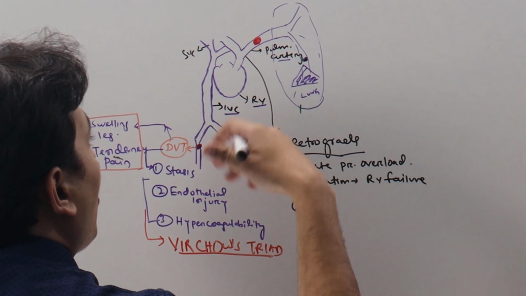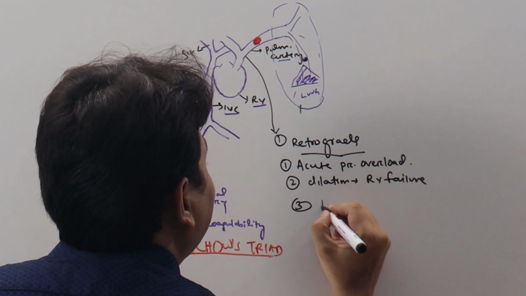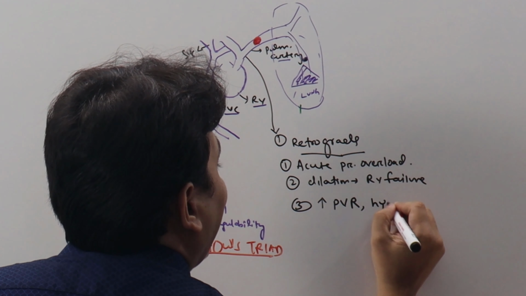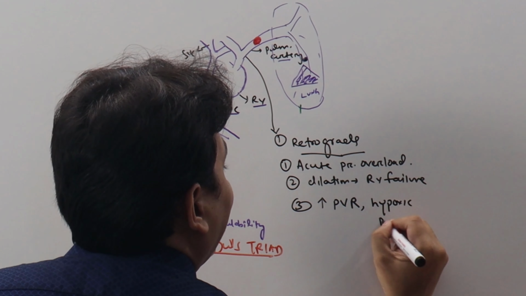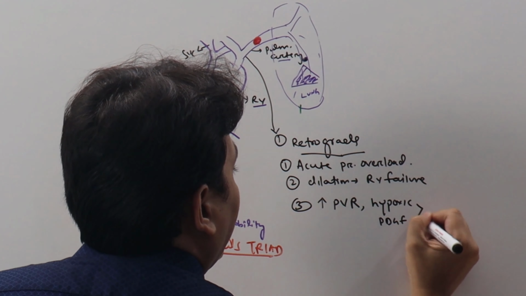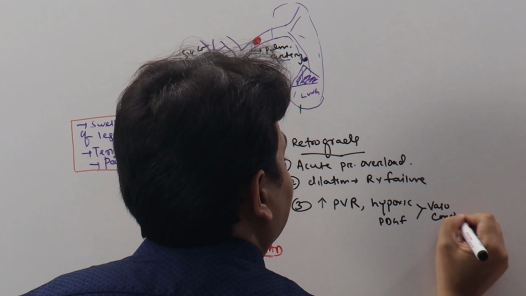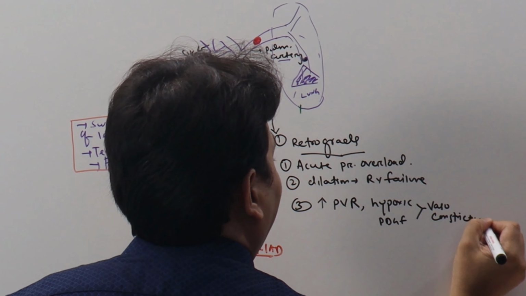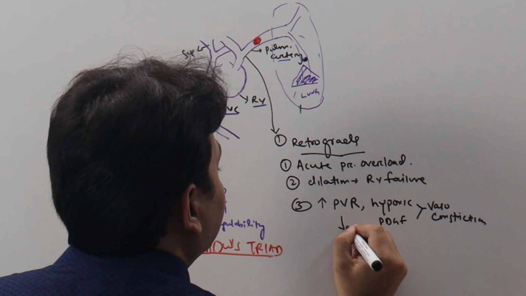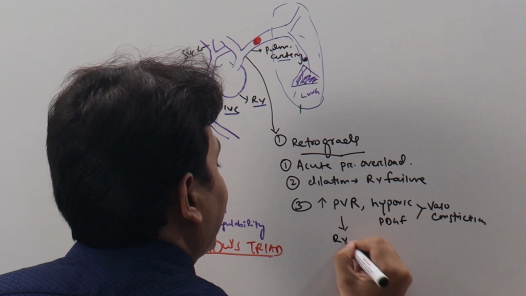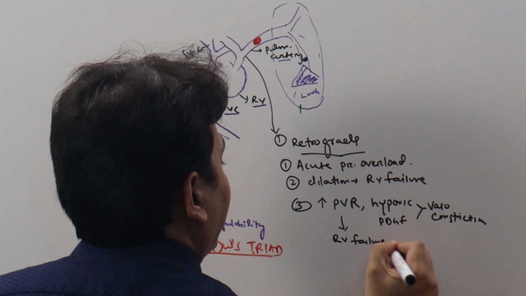That inflammation will cause an increase in pulmonary vascular resistance because of hypoxic and platelet-derived growth factor mediated vasoconstriction. And that increase in turn creates pressure on the right ventricle and causes right ventricle failure, right?